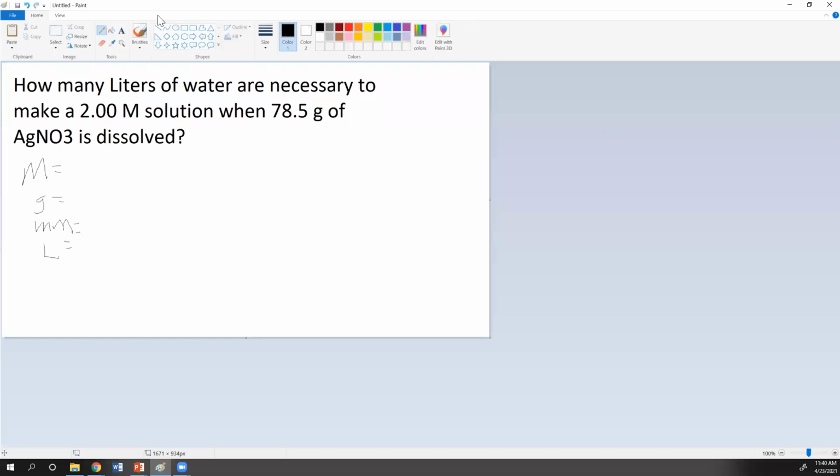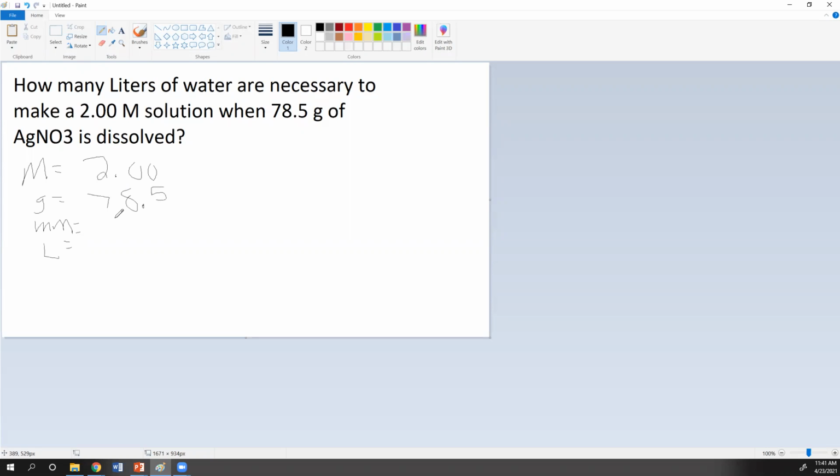So, what is my molarity? My mass, my grams. My molar mass. It's not the molar mass of water. The water is the solvent.